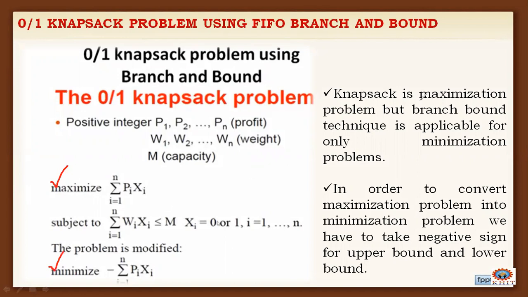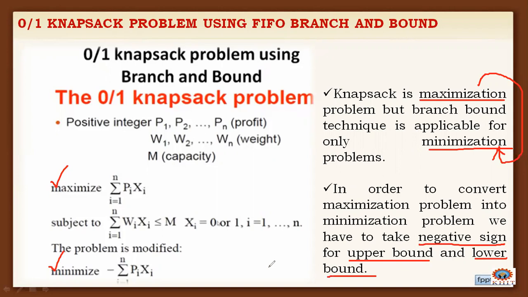The knapsack is a maximization problem, but the branch and bound technique is applicable only for minimization problems. So we need to convert the maximization problem into a minimization problem. In order to convert, we simply apply a negative sign for the upper bound and for the lower bound also.